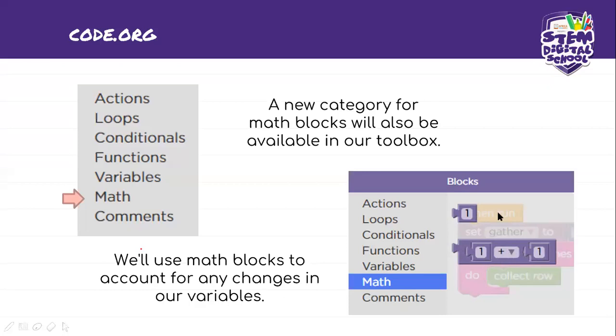So next year will be 10 plus 1. Then it becomes 11. So then every time we repeat this code, 11 will become 12, 12 becomes 13. So that is how we are going to implement our math blocks into our code. Okay, so keep that in mind as well. We're going to have some math blocks today as well.